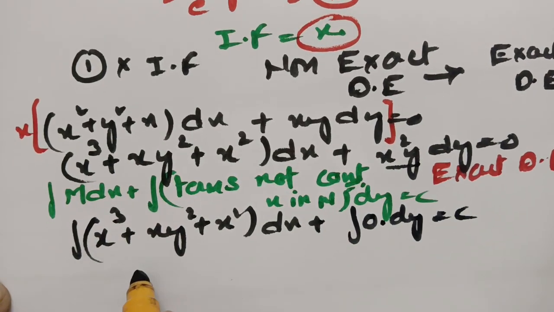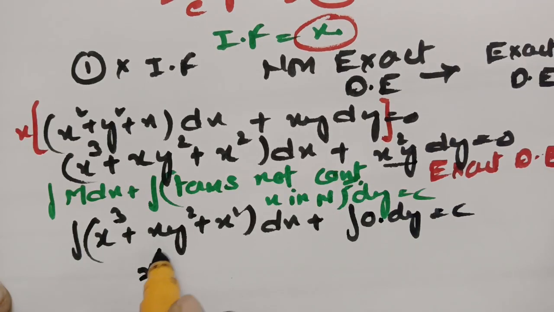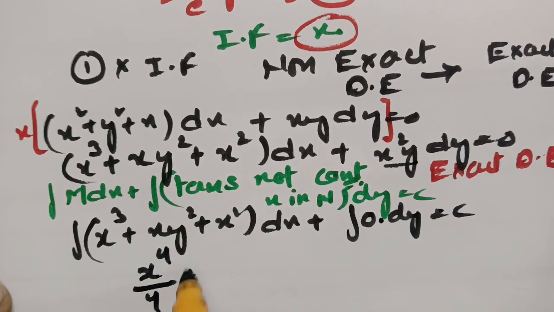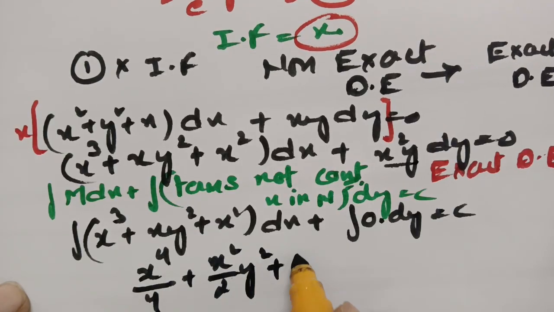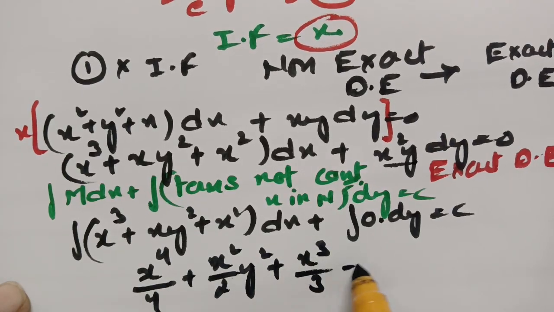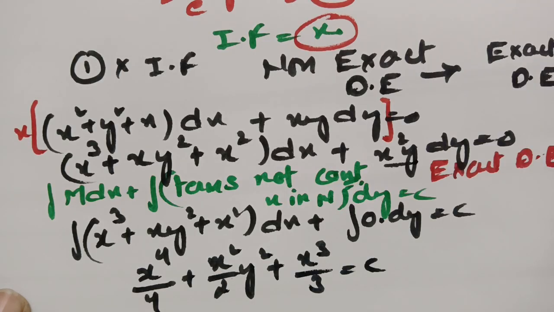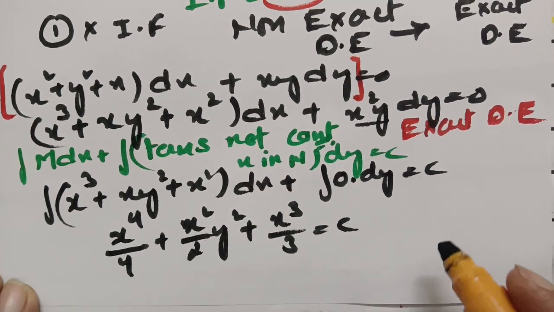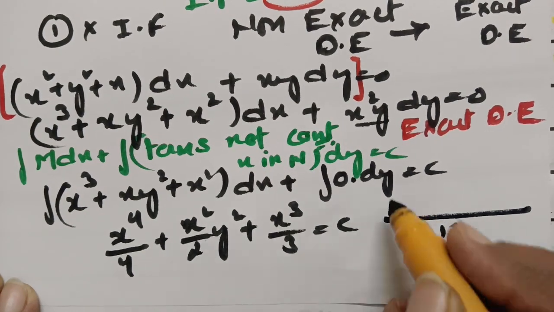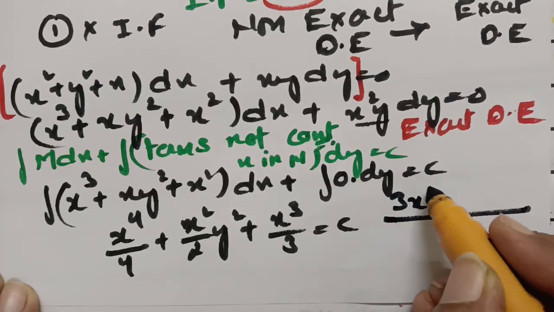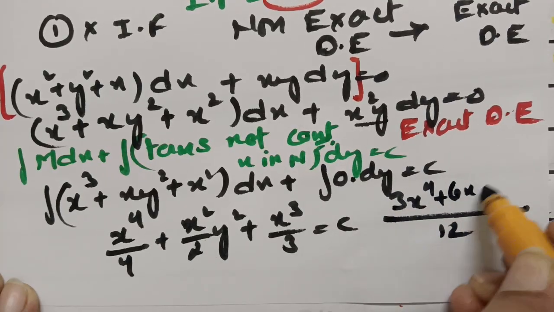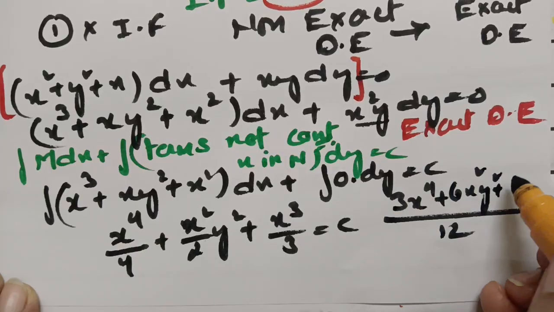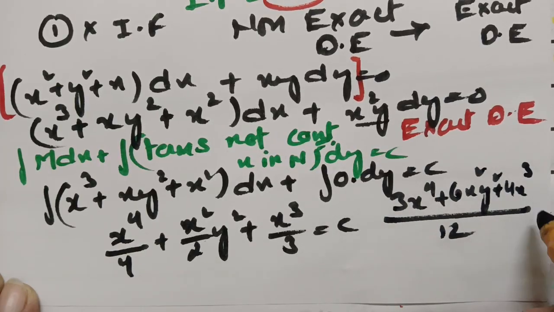Now I have to integrate with respect to x. That is x⁴/4, plus (x²/2)y², plus x³/3, which is equal to c. If I take the LCM as 12, this is going to become 3x⁴ plus 6x²y² plus 4x³, which is equal to c.